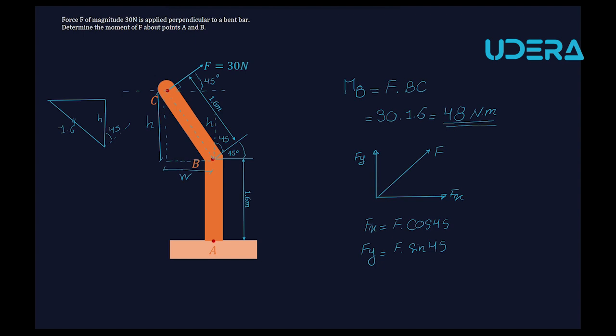So basically, H will be 1.6 times sine of 45.